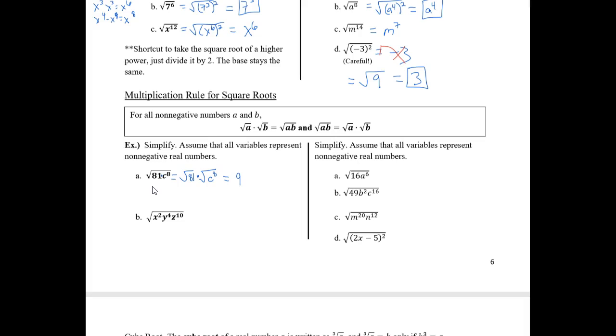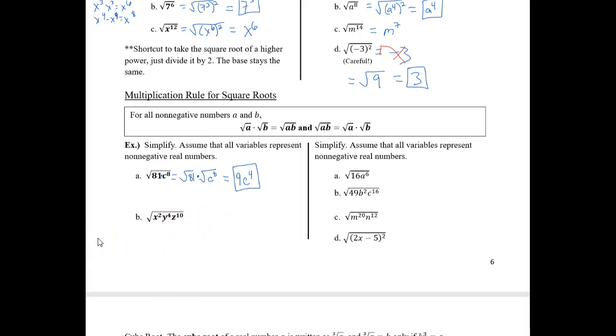And the square root of c to the 8th is c to the 4th. I take that exponent of 8, divide it by 2, and check it. C to the 4th times c to the 4th should give me c to the 8th. And so that's how we use this multiplication rule of square roots. We can break up anything that's being multiplied underneath the radical and take the square root of them separately.